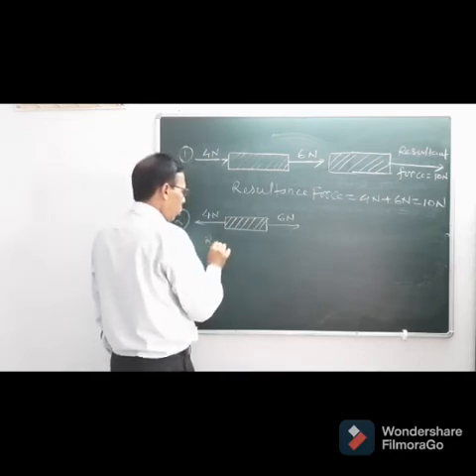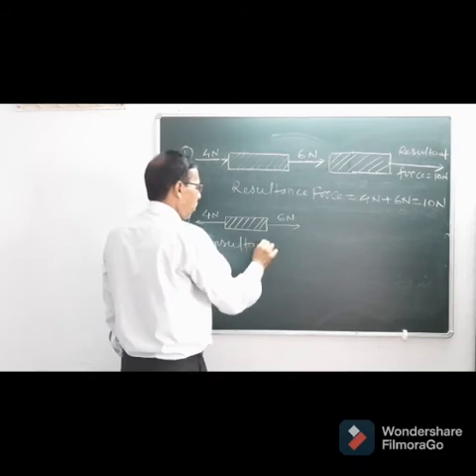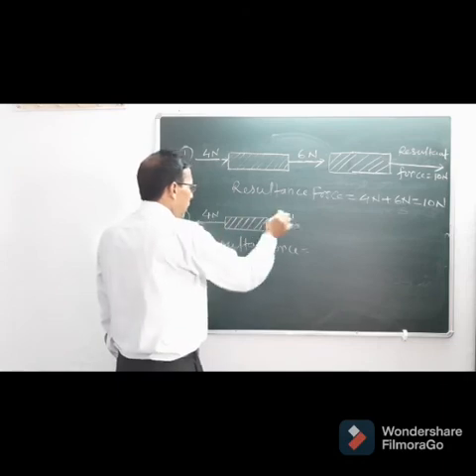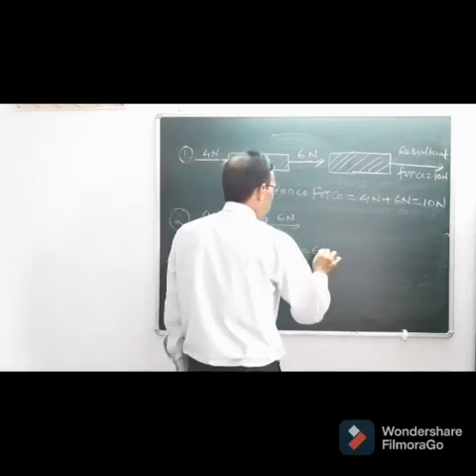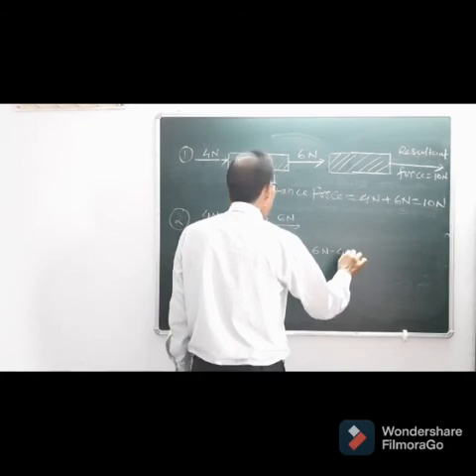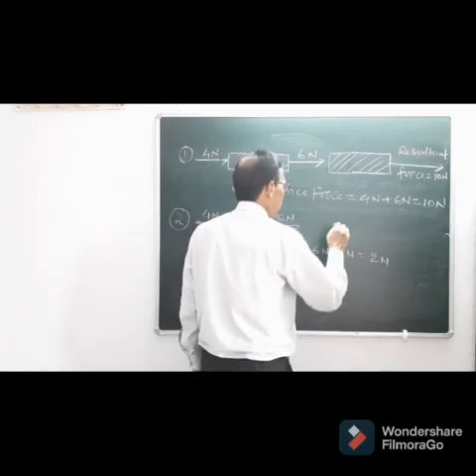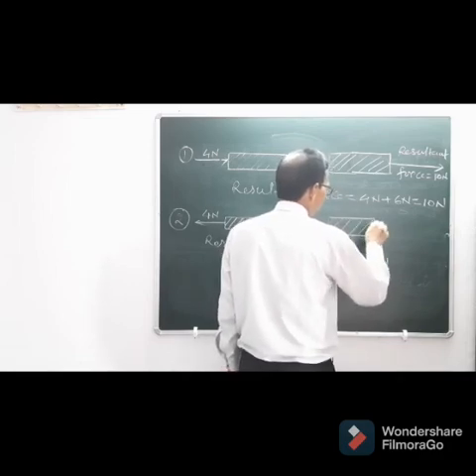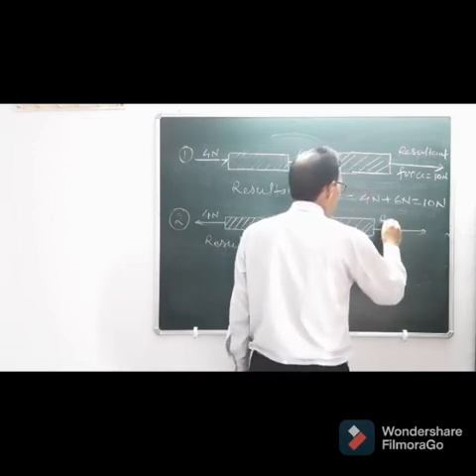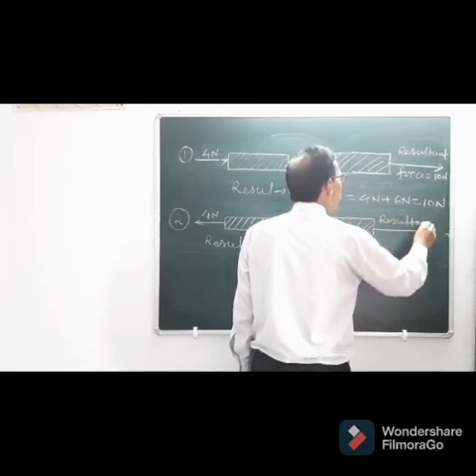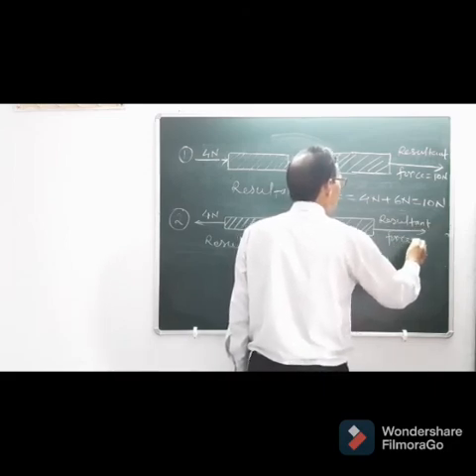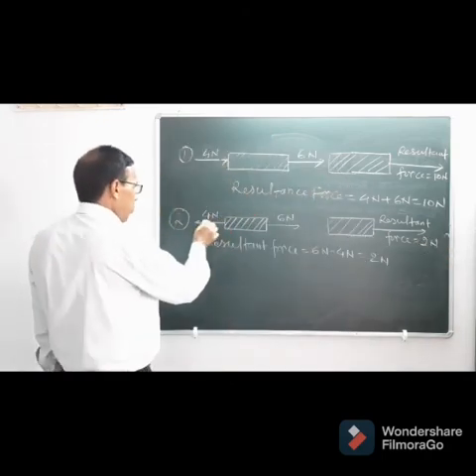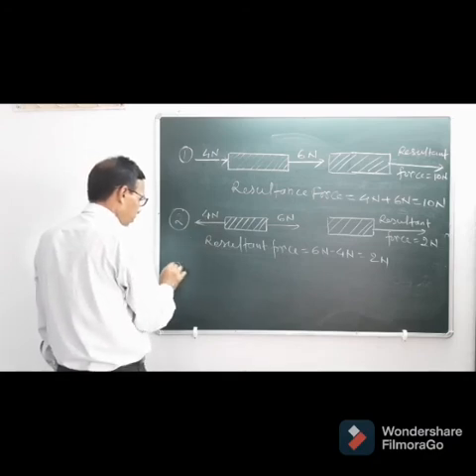Then the resultant force is equal to the subtraction of these individual forces, that is 6 Newton minus 4 Newton is equal to 2 Newton. So here the resultant force is 2 Newton. It is also the case of unbalanced forces.